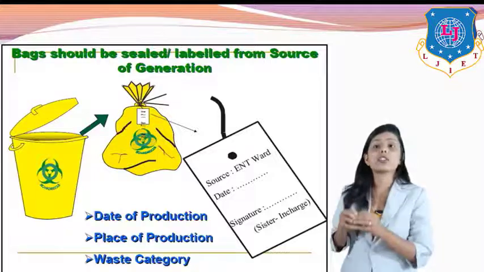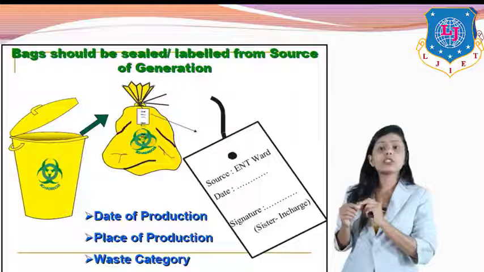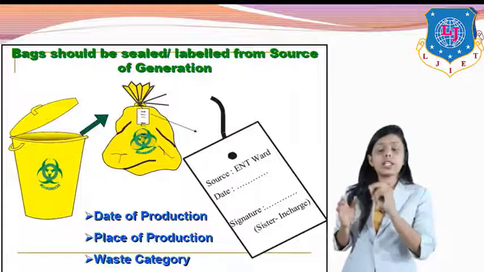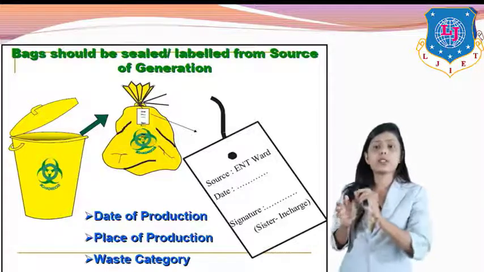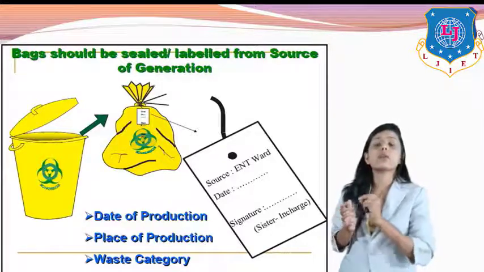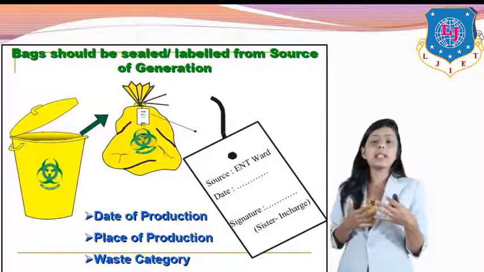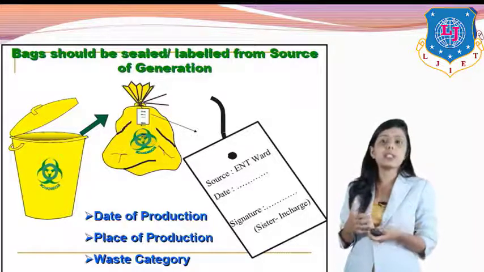If it's infectious sharp waste, then label it, and also mention the source of generation: this waste is from the operation theatre, this waste is from ICU, this waste is from the general ward. So if there is ever a problem in waste handling, it can be managed easily.